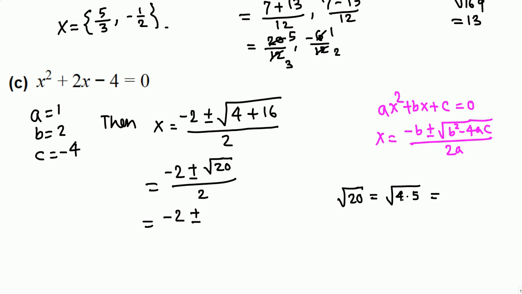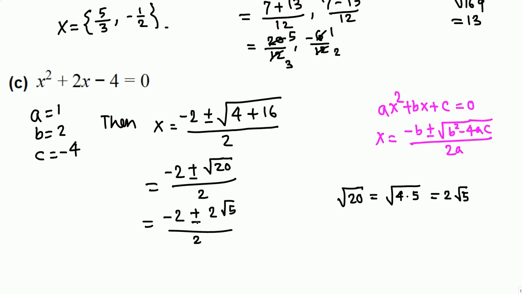So the square root of 4 times the square root of 5. The square root of 4 is 2, and 5 is not a perfect square, so root 5. So root 20 is the same as 2 times root 5. So 2 times root 5 over 2.